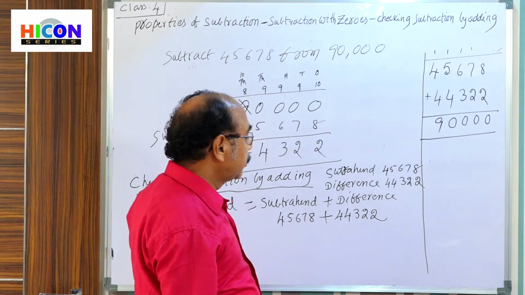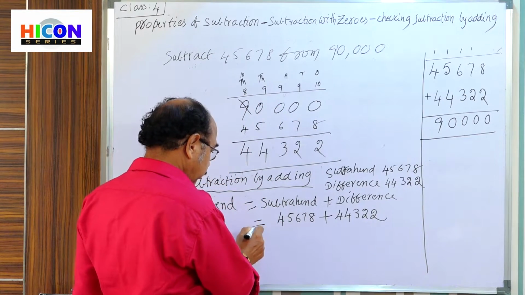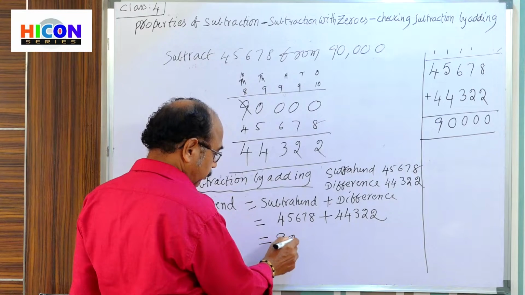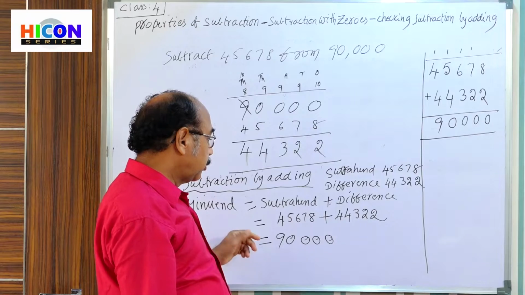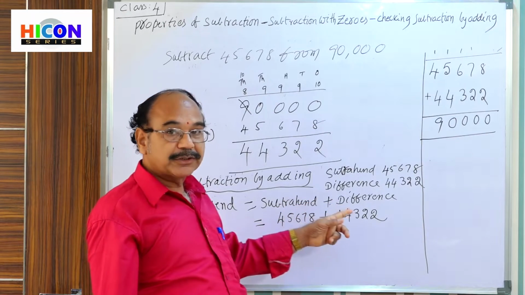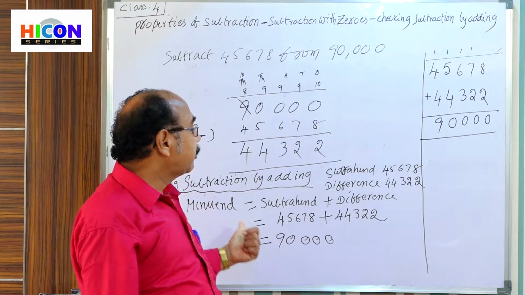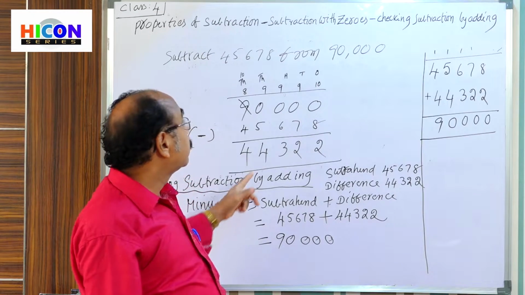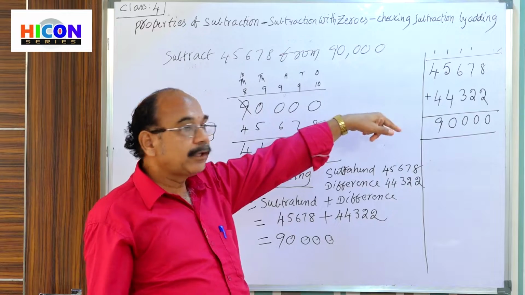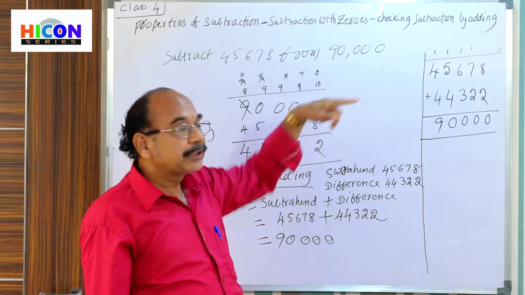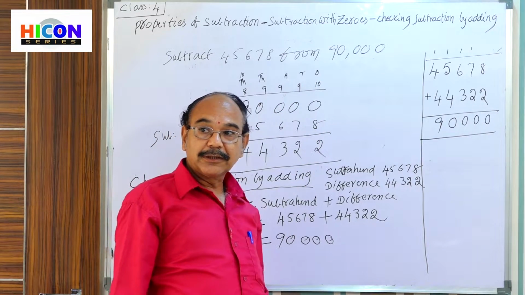That is 90,000, which is equal to the minuend. So by adding subtrahend and difference, we get the minuend. This is checking subtraction by adding.